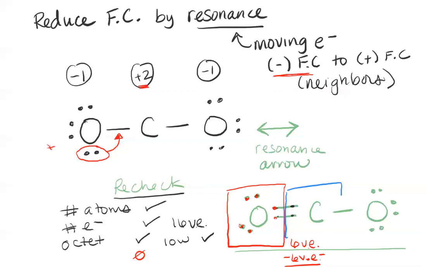This carbon is 4 valence electrons minus 3 box gives me a +1. And then this one we calculated before is a -1. Okay, so these formal charges are still a little bit high, right? So what we're going to do is resonate electrons again.